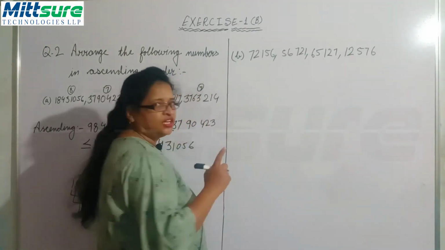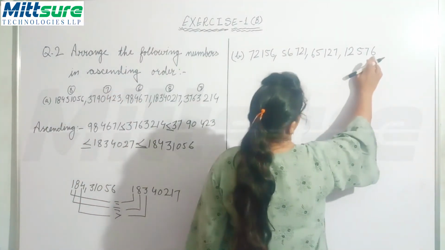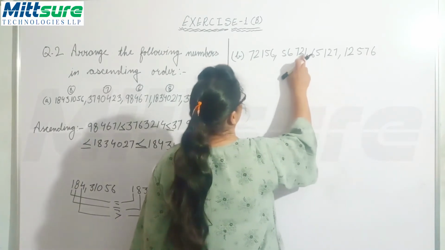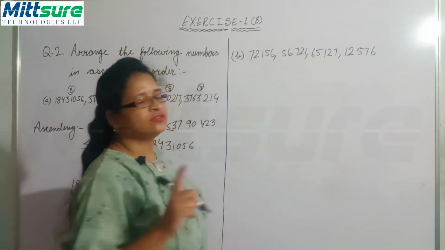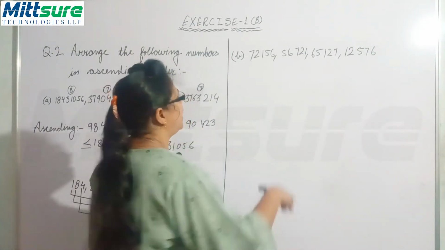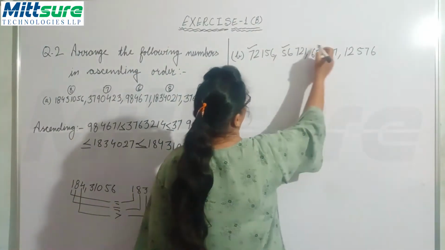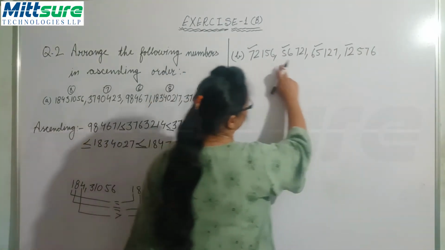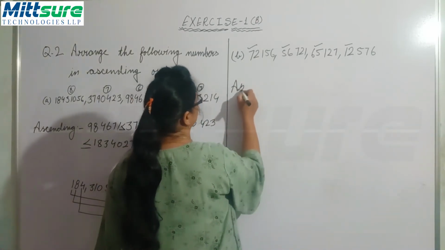Now we have to see the digits, 1 2 3 4 5 digits, 1 2 3 4 5 digits, 1 2 3 4 5 digits and 1 2 3 4 5 digits. All numbers have the same number of digits and we have to compare the leftmost digit, that is 7, 5, 6 and 1. We know all the first digits differ and we have to write the ascending order.